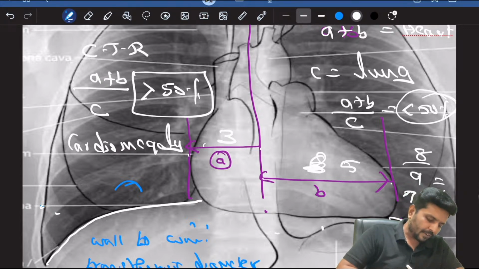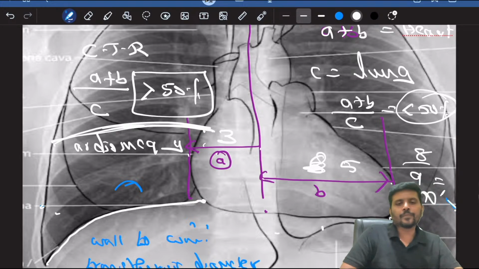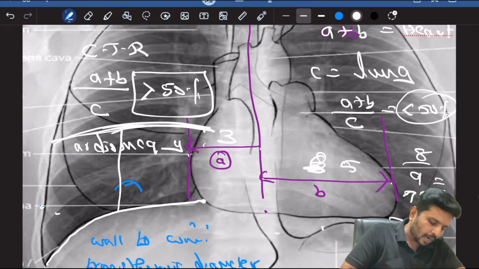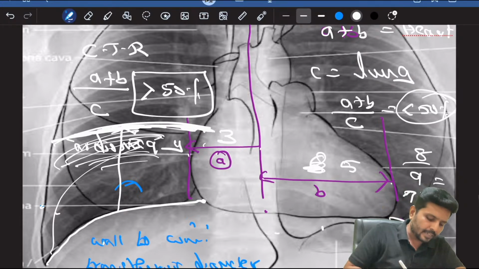When one of the diaphragms is above the level it is expected to be, that is, instead of being at the lower margin of the heart, if it is touching the middle margin, or if it touches the heart somewhere above what it is expected to be below, it means that the diaphragm is pushed up, but the border can usually be visualized. So liver will come here. What is the condition called? That condition is called eventration of diaphragm.